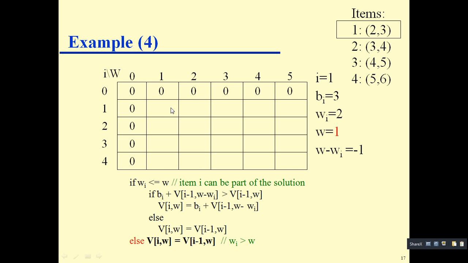What does it really say? You can select only item 1 with the maximum capacity of 1 kg, but item 1 has a weight of 2 kg, so it cannot be accommodated. So you cannot select this one, and it will again remain 0.